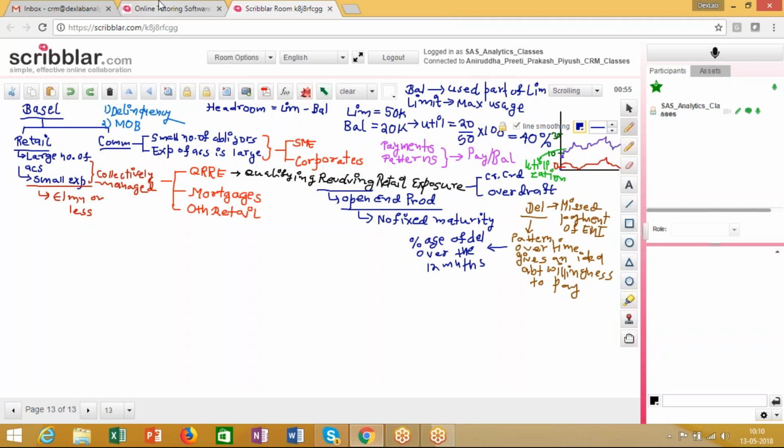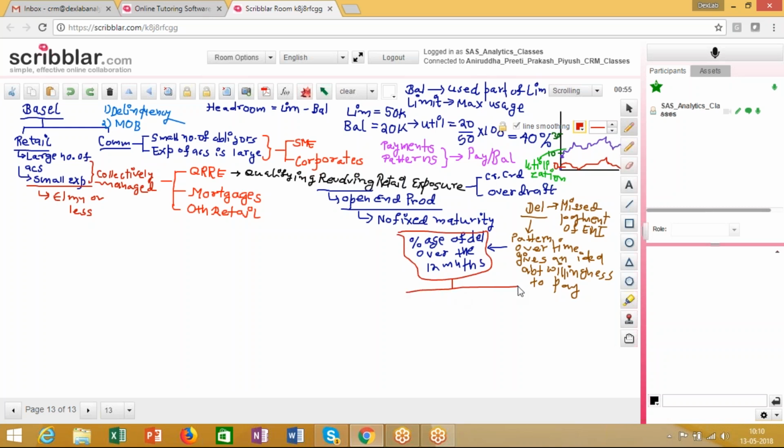In fact, when we are developing BASEL models, there are multiple levels of segmentation that can be done, and one of the major segmentation criteria is based on delinquency. The entire model development sample can be divided into three parts.